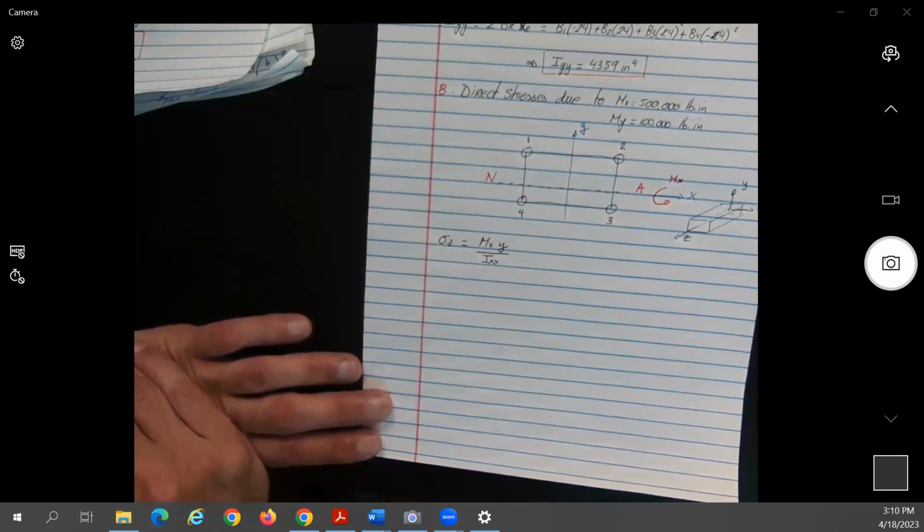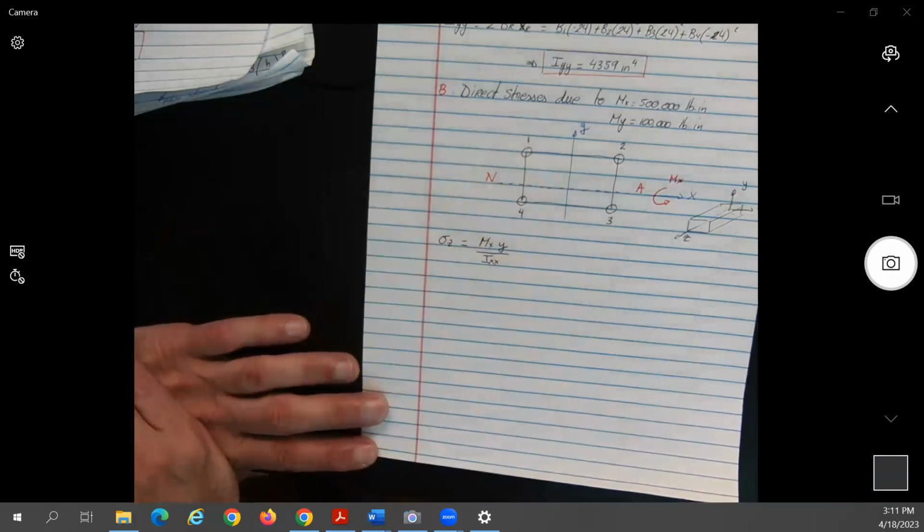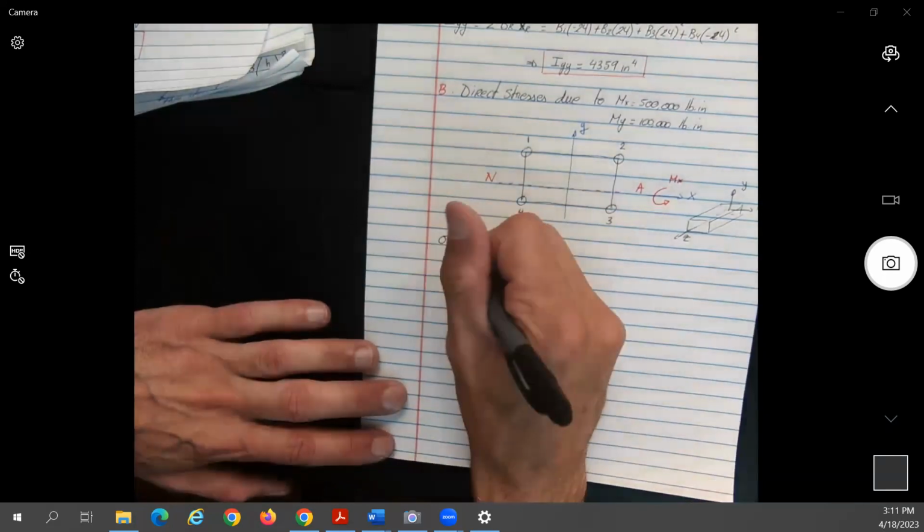Okay, so this will be bending. So Mx 500,000. So let's see what I have here. I mean, depends which point. Which point are we talking about? This one, no? Yeah, so that one should be then in tension, no?